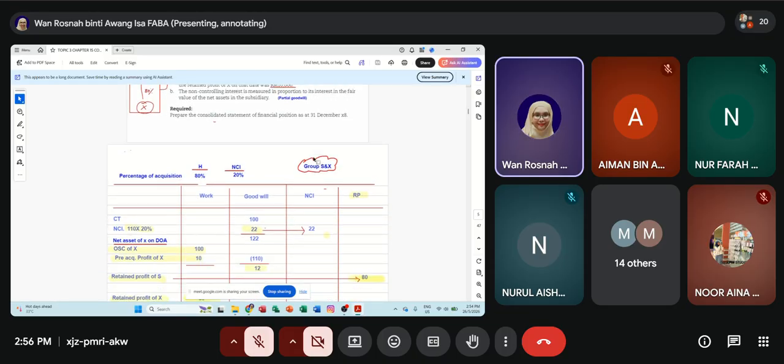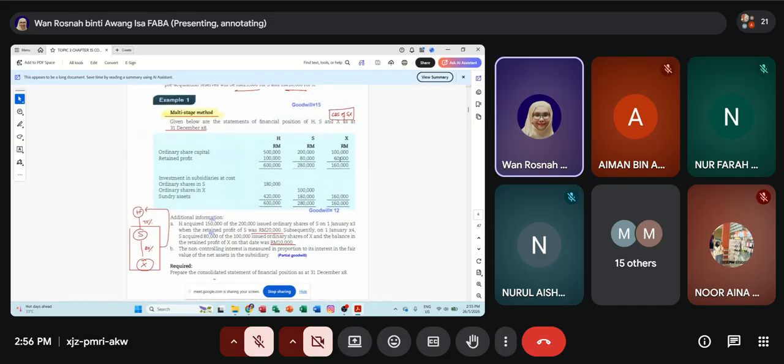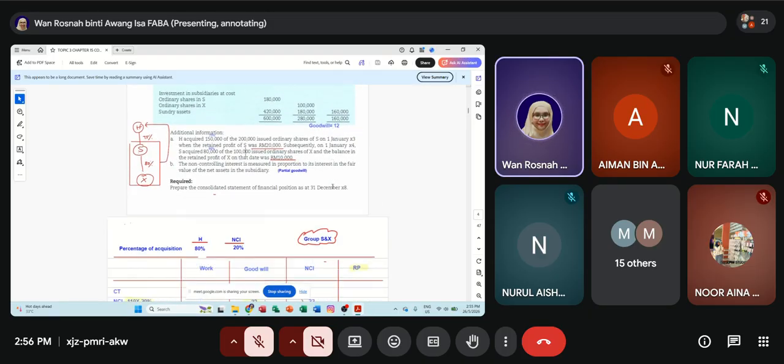And then you are going to match it with the net asset of X on the date of acquisition. Okay, net asset of X consists of ordinary share capital of X, 100,000.